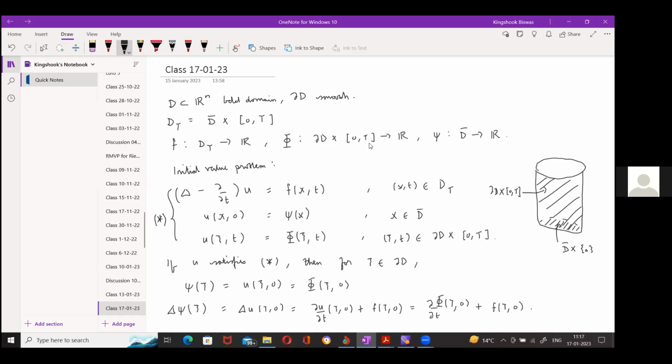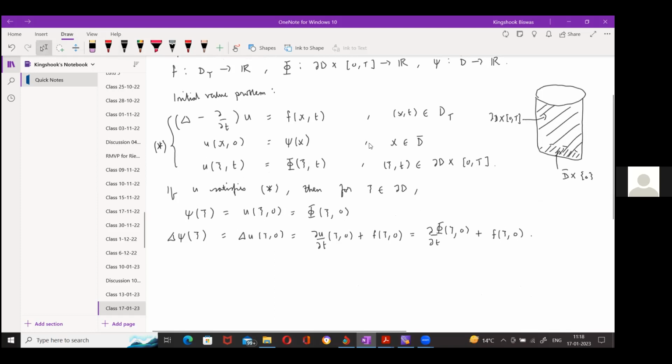And there are some necessary conditions for this to have a solution. So if I take a boundary point xi, then psi of xi has to equal capital phi of (xi,0). And also Laplacian of psi at xi has to equal del phi/del t at (xi,0) plus f of (xi,0). Okay? Right, got it.